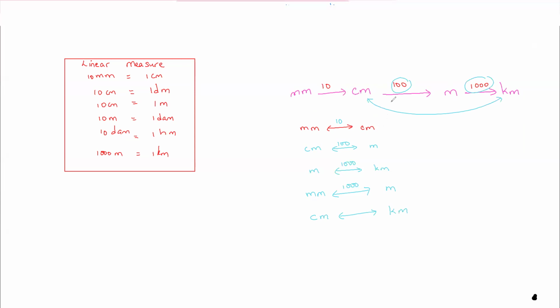So between centimeters and kilometers, we have 100 times 1,000, which is 100,000. So all we're doing is remembering this chart, and whatever we are changing from and to, we look at how much is in between them.